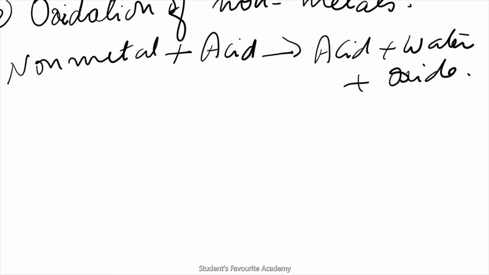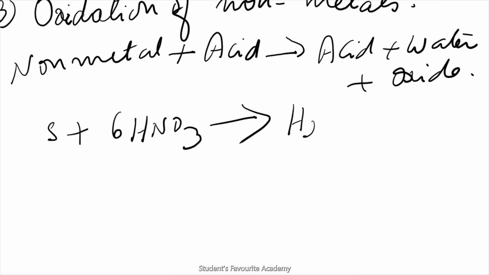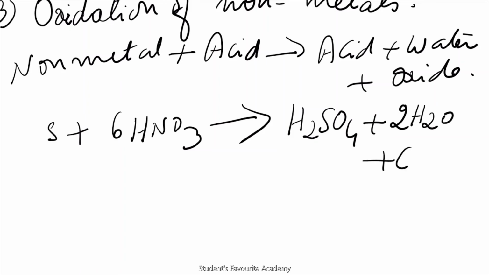So for example sulfur plus nitric acid, which is an acid, when they react you get sulfuric acid plus water plus nitrogen dioxide. So when sulfur reacts with nitric acid you get sulfuric acid.